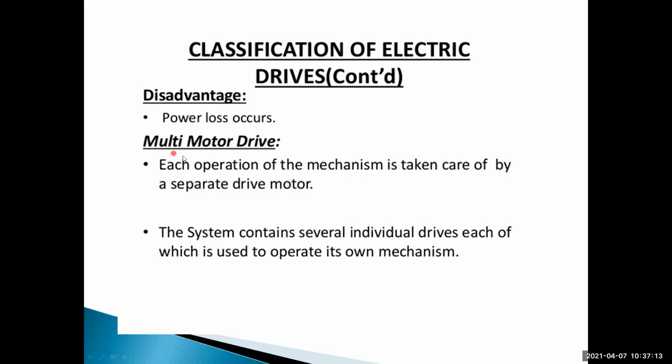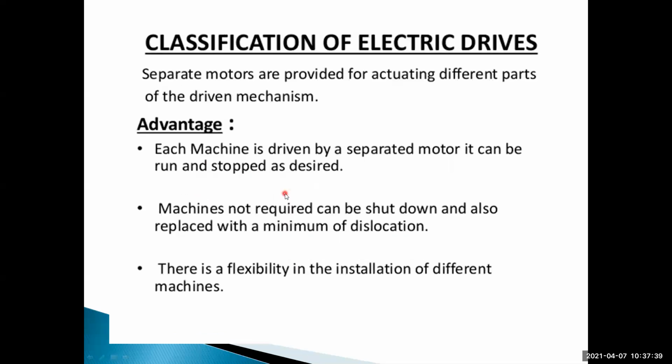That is called multi-motor drive. The system contains several individual drives, each of which is used to operate its own mechanism. That's why it is called multi-motor drive. It's clear.